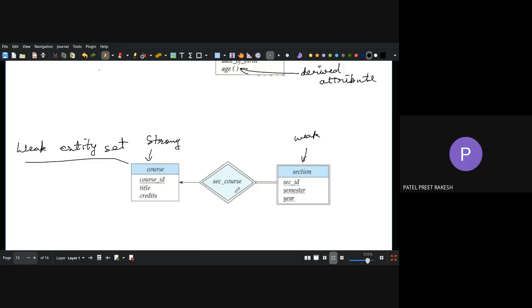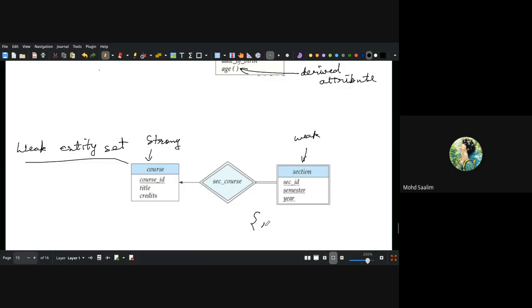Sir, all things like sec ID, semester, and year, because you do dot line. So below, are you saying that we have three discriminators? Yes, sir, because you do line. That's why I say. So it doesn't mean that we have three discriminators.